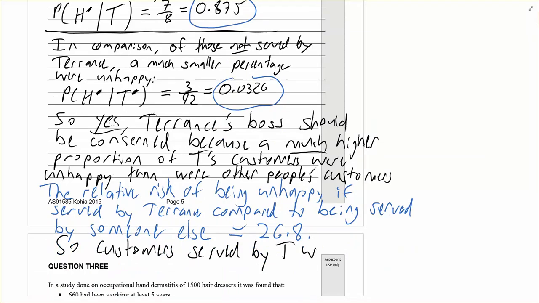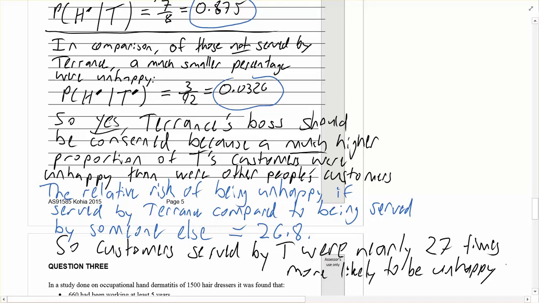So customers served by Terence were nearly 27 times more likely to be unhappy. Wow. Time for a major performance review for poor old Terence, I feel.